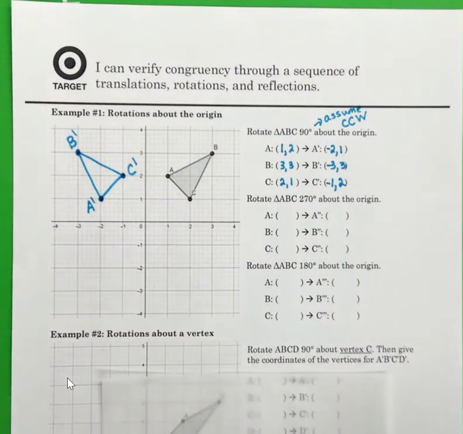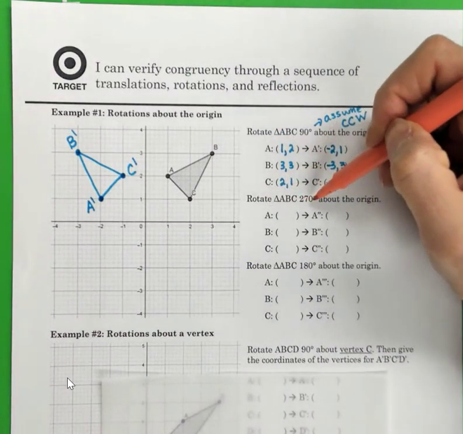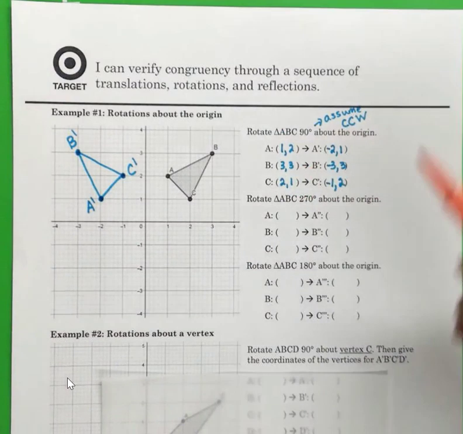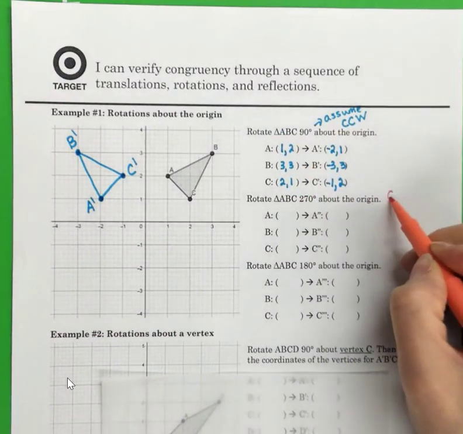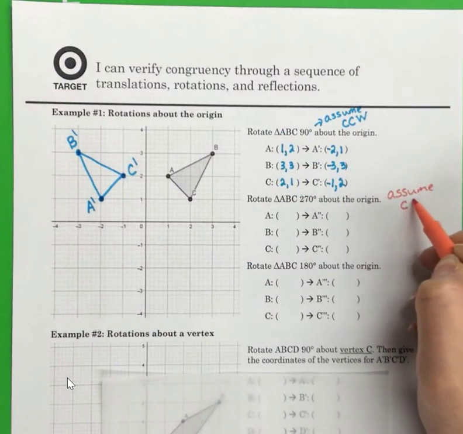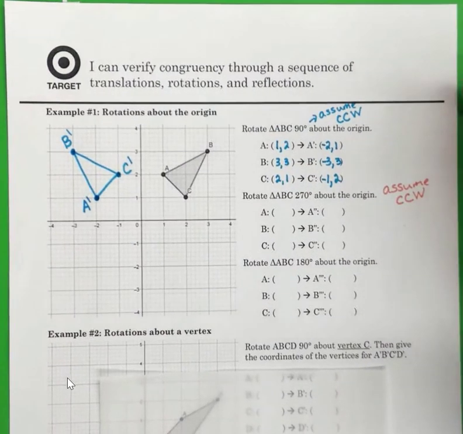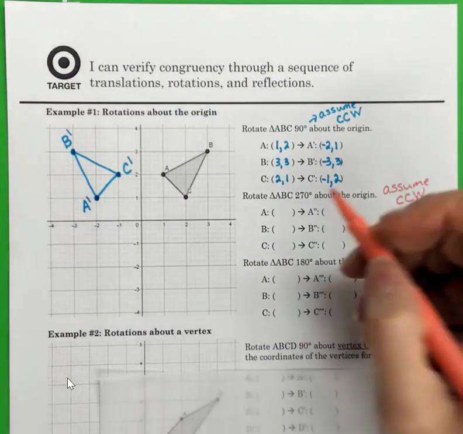If I look at my next set of directions, it says rotate triangle ABC 270 degrees about the origin. Again, we're going to assume counterclockwise because it does not specify that it wants us to turn the paper or rotate clockwise. So my points are the same.